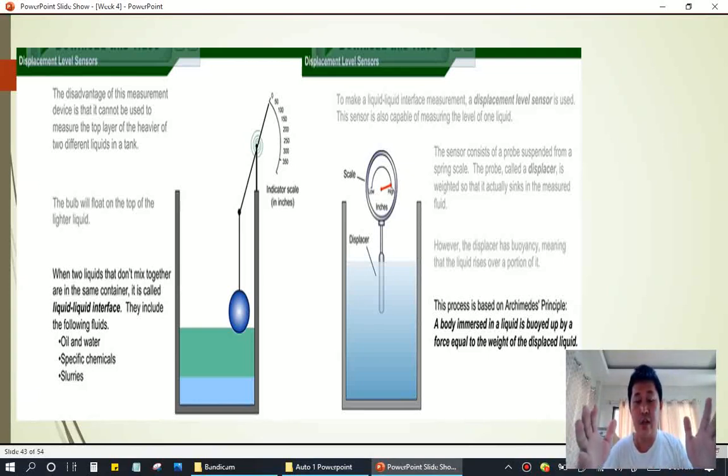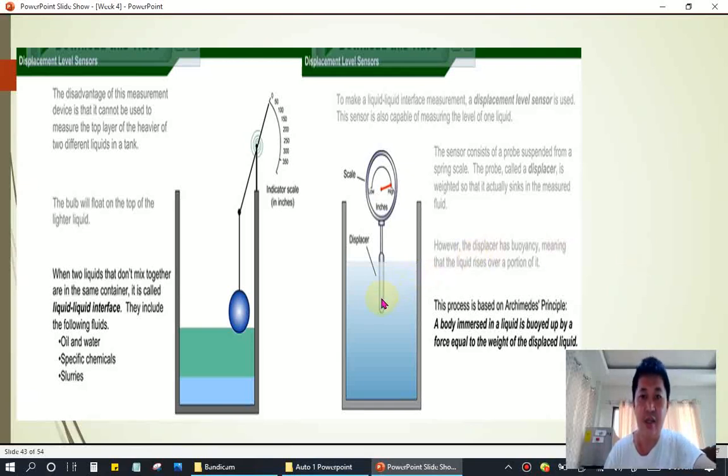The weight of the cargo being loaded to your ship plus the weight of your ship is equal to the weight of the water being displaced, which is seawater, and that is called displacement. So that is the Archimedes principle.